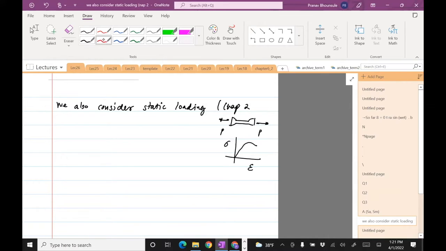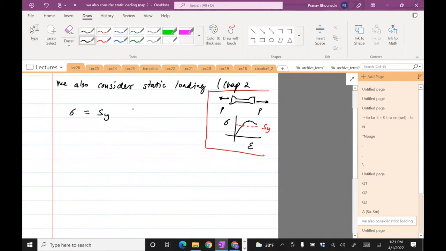We also need to consider that when we design, not just fatigue. So this was the ultimate strength, but there was this point which was the yield strength, Sy. We said that it will fail in uniaxial tension or compression if sigma is Sy, the yield strength.